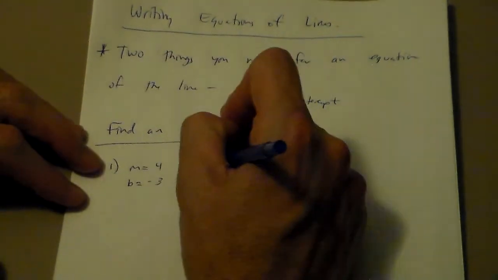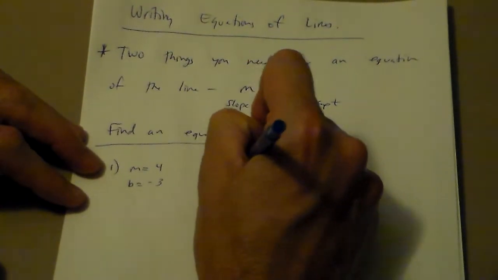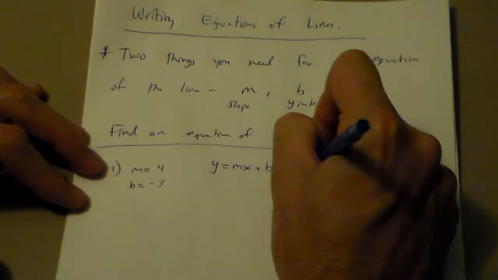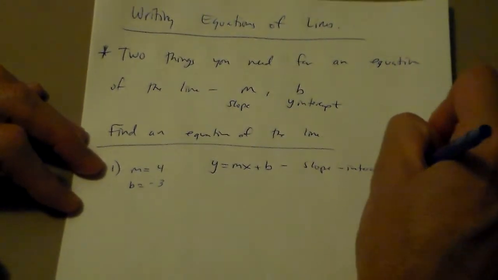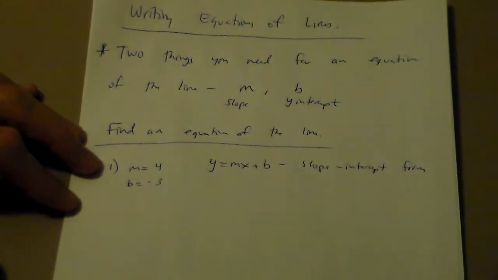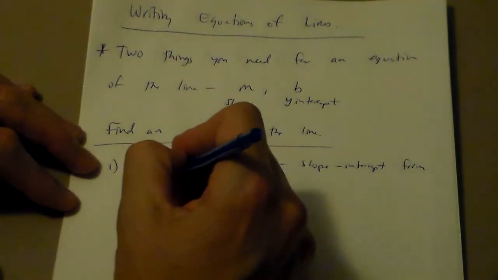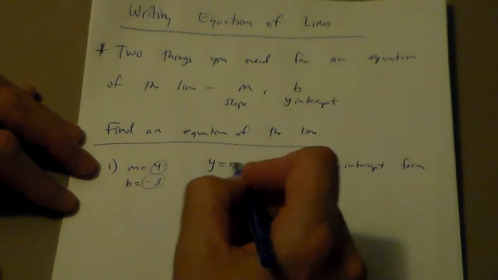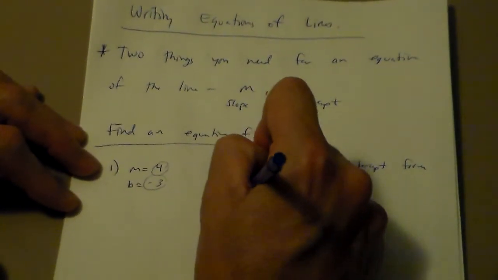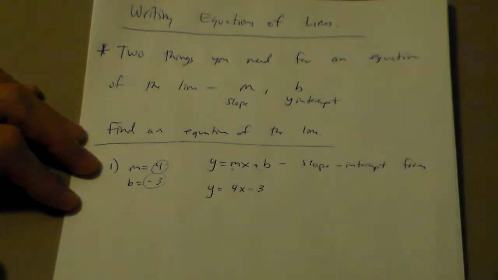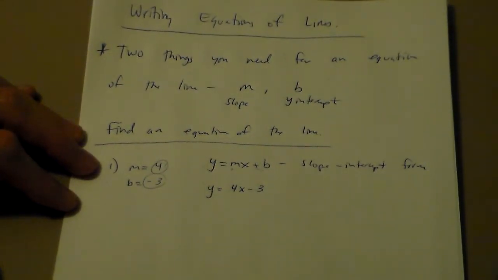Slope-intercept form looks like this: y equals mx plus b. There's no work to do. If they give you the slope and the y-intercept, you plug them into those two spots and then you walk away. y equals 4x minus 3. There's your equation of a line.